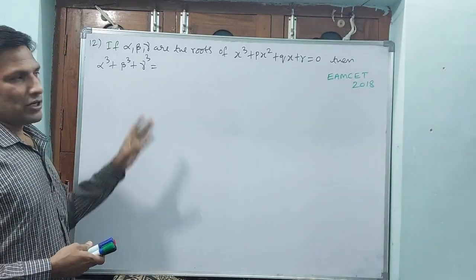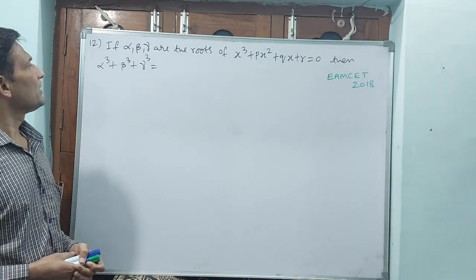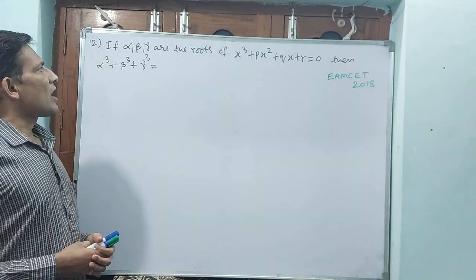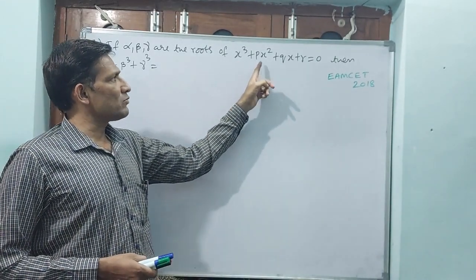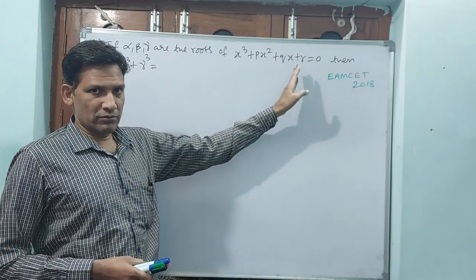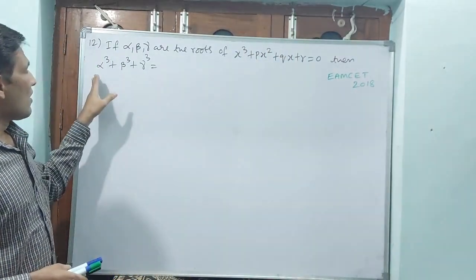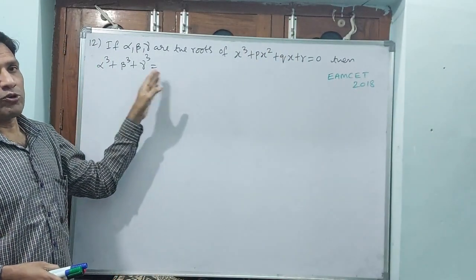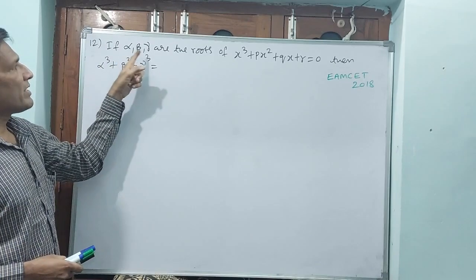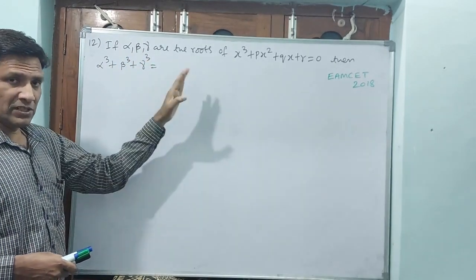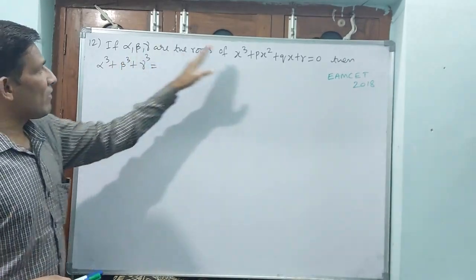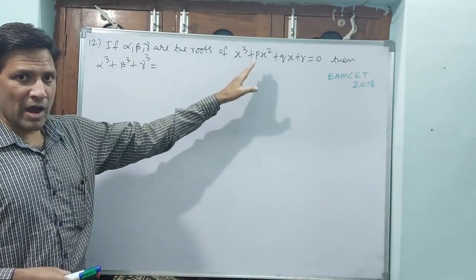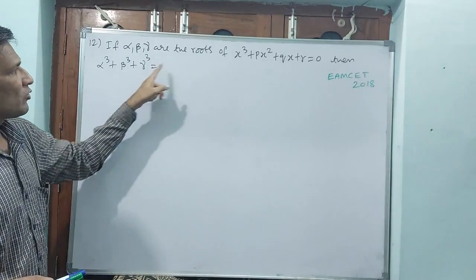Question number 12, MSET 2018 question. If alpha, beta, gamma are the roots of the cubic equation x cube plus px square plus qx plus r equal to 0, then what is alpha cube plus beta cube plus gamma cube, they are asking. Alpha, beta, gamma are the roots of this equation, as the examiner mentioned. Then you substitute alpha one time, beta one time, gamma one time, because we want alpha cube, beta cube, gamma cube.